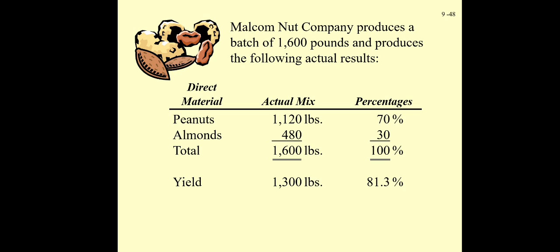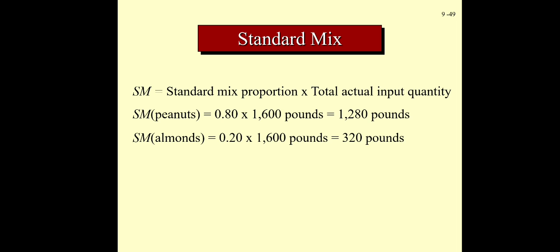So the yield: the direct materials total is 1,600 pounds, but the output from the process is 1,300 pounds only, or 81.3% yield ratio. So what is the standard mix? Standard mix proportion times total actual input quantity.